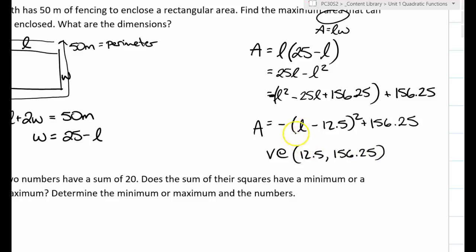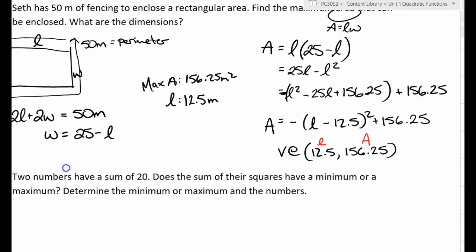My input is my length. My output is my area. So I found my maximum area. Maximum area is 156.25 meters squared. My length at this size is going to be 12.5 meters.